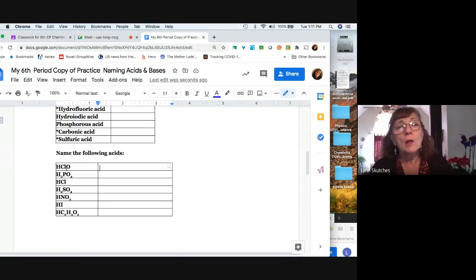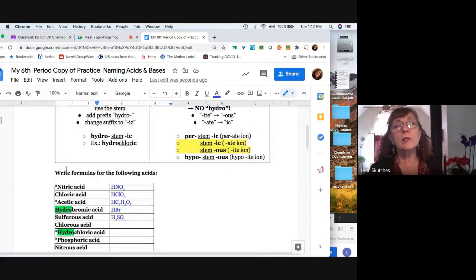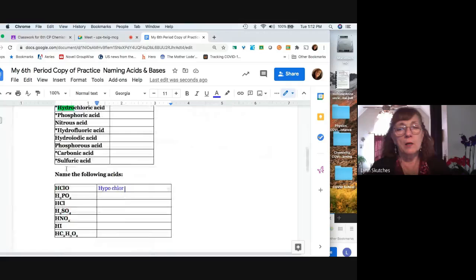That's the hypochlorite ion. So this is hypochlorite, ends with ous. Hypochlorous. I separated them just to show you. Okay, you put the hypo, then chlorous instead of chlorite.